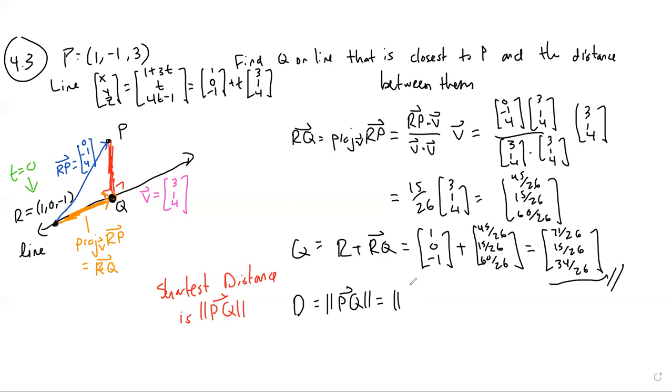So P is going to be 1 minus the 71 over 26. I'll just do it the other way around. So 71 over 26, Q minus 1, and then 15 over 26 minus negative 1, so plus 1, and then the 34 over 26 minus 3. And that vector is going to be, I've obviously got this worked out beforehand, I'm not doing this in my head, 45 over 26, 41 over 26, and negative 44 over 26.